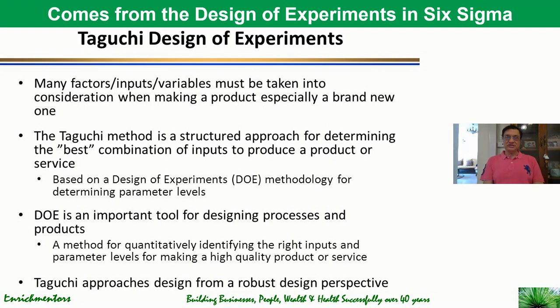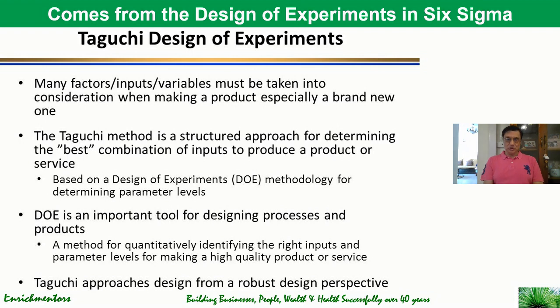In the design process, one of the things required is to produce the best combination of inputs that will produce the required output. And so it is required for your digital marketing.